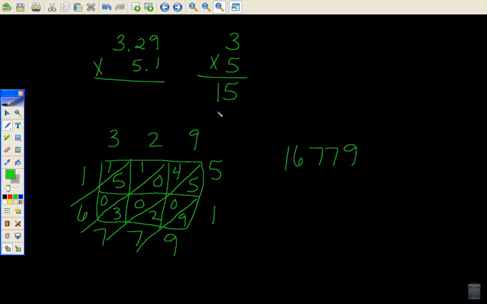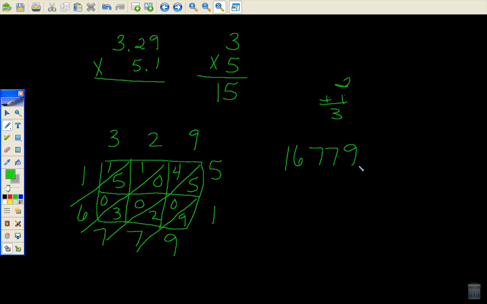I see that in 3 and 29 hundredths, there are 2 digits behind the decimal. Then in 5 and 1/10, there's 1 digit behind the decimal. So I'm going to have 3 digits that are going to be behind the decimal in my product.